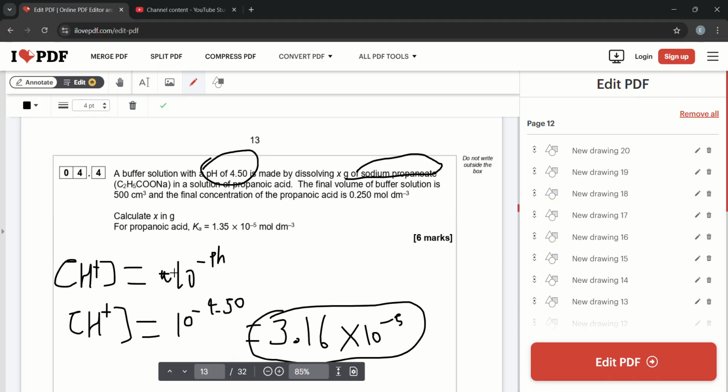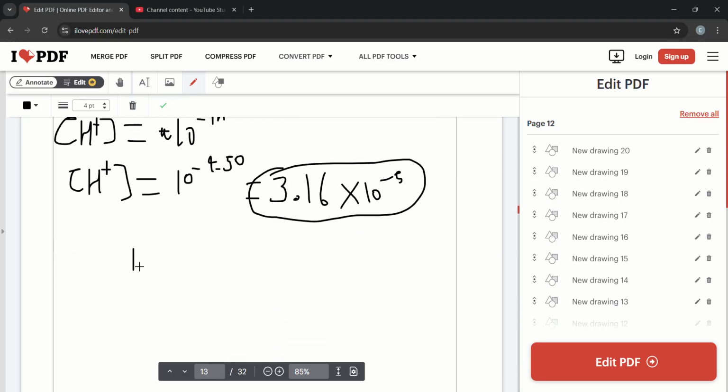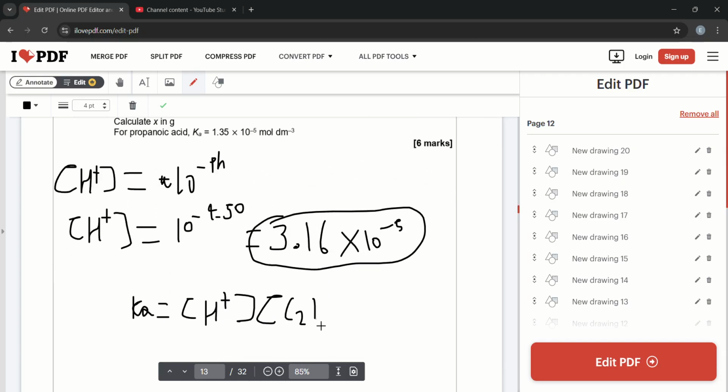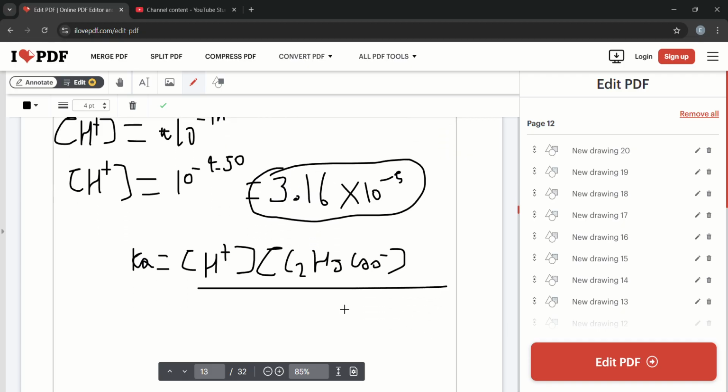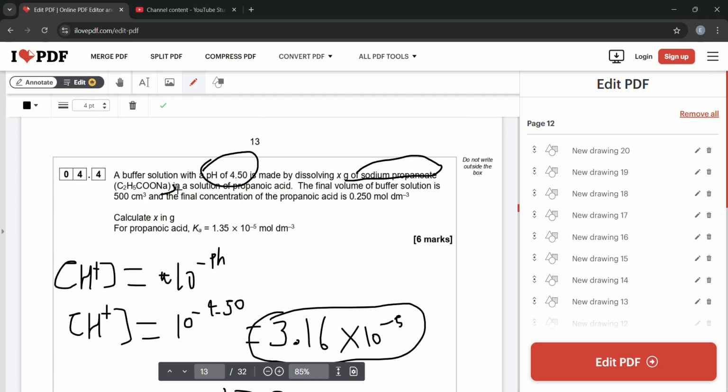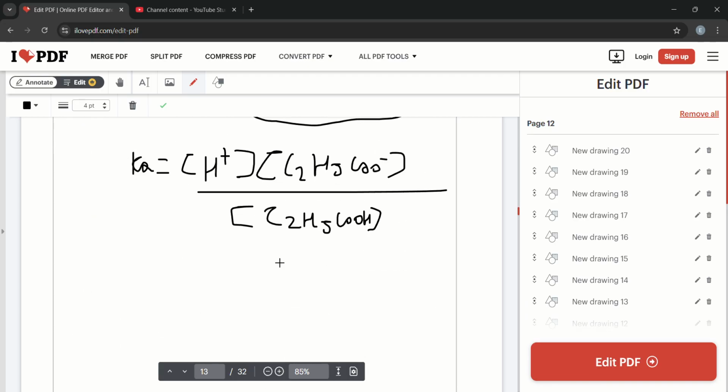We know Ka equals H plus times C2H5COO minus over C2H5COOH. Don't get confused, it's got an Na, but we don't care about that. We don't need to add that into the equation.